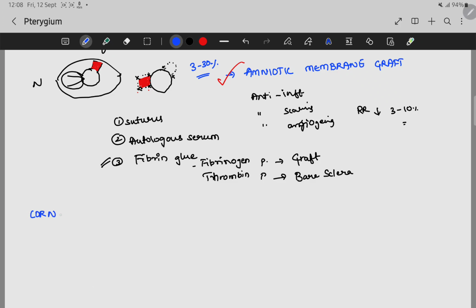So for the cornea, we can perform lamellar corneal transplant or graft, and we can perform keratoplasty or sclerokeratoplasty or Barraquer or polishing technique, etc. to maintain the corneal integrity, right?